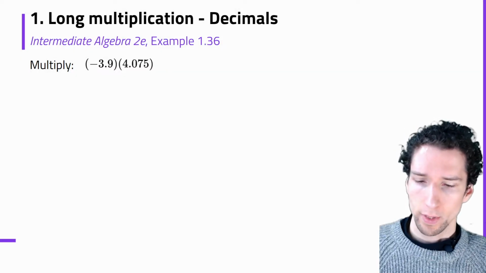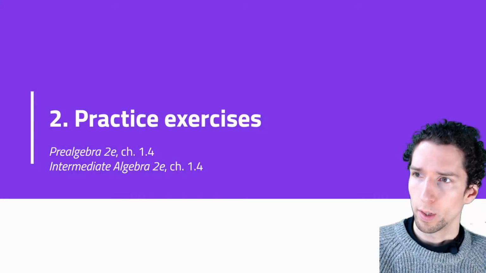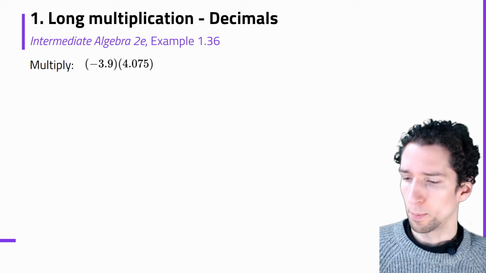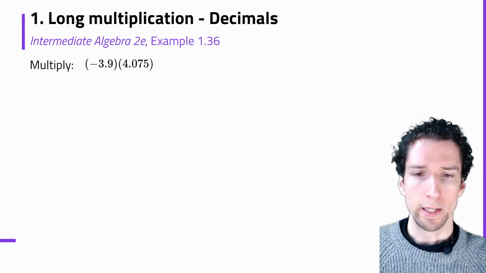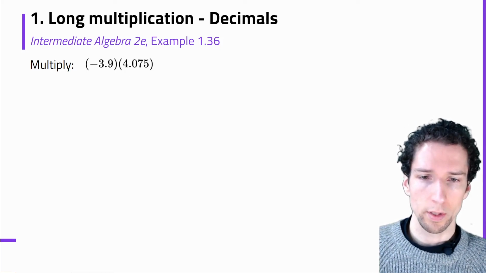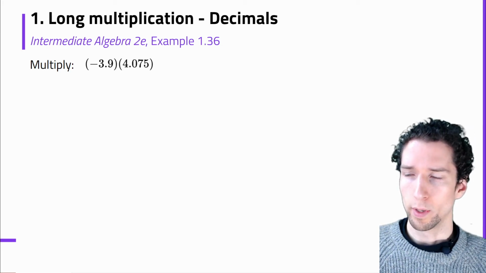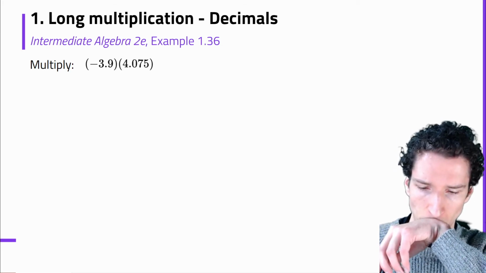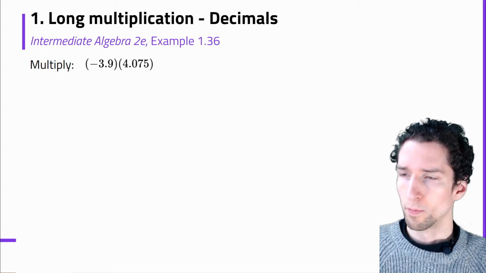Okay, last set of examples for us to do here is if we have numbers involving decimals, really not hard to deal with at all. So let's do that here.